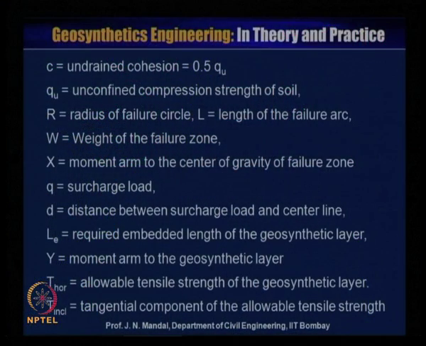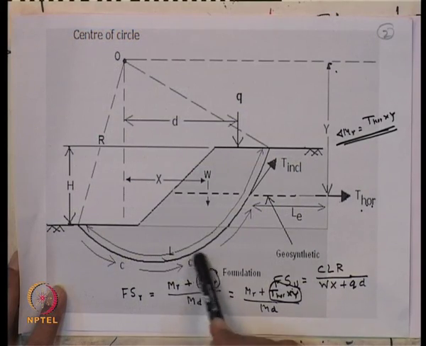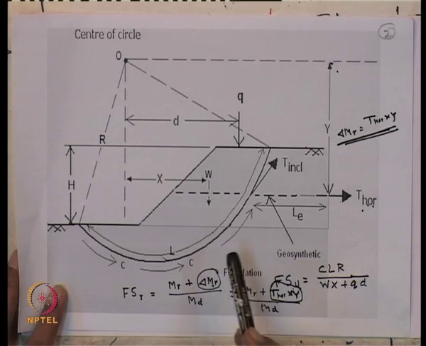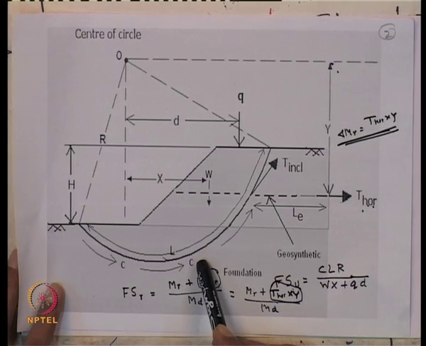Here I also mention that C is the undrained coefficient. Sometimes you can take this C undrained as 0.5 times Q_U, where Q_U is the unconfined compression strength of the soil.